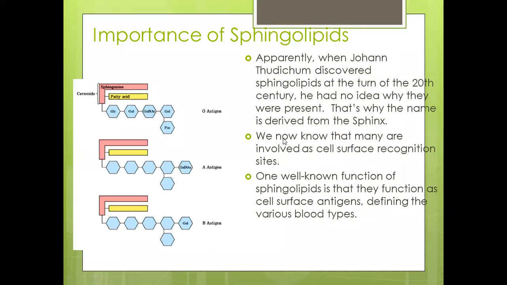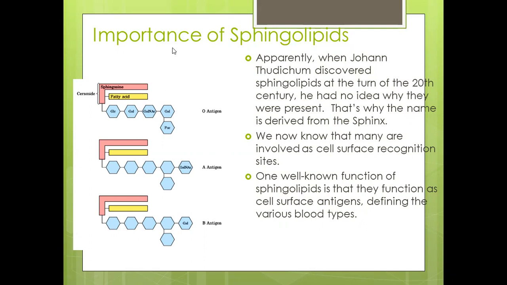I was just talking earlier about the brain, where you can find your sphingolipids. But one importance is that they can also function as cell surface antigens, which define our blood types.